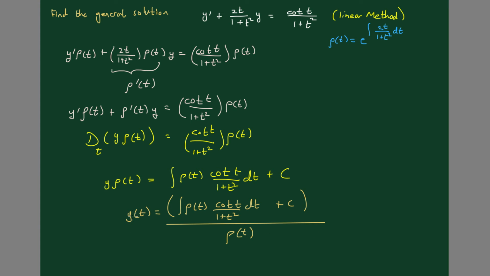So our general solution, y of t, of this differential equation is of this form. Now all we need to do is calculate rho of t, substitute it into this equation, and then solve this integral. So let's do that.